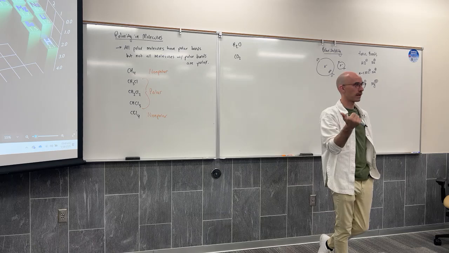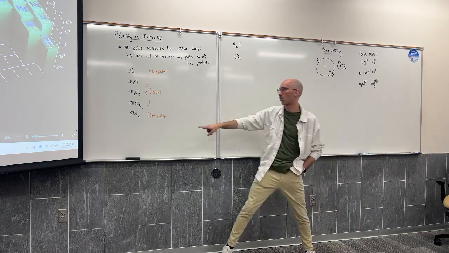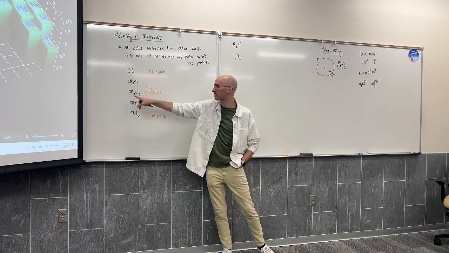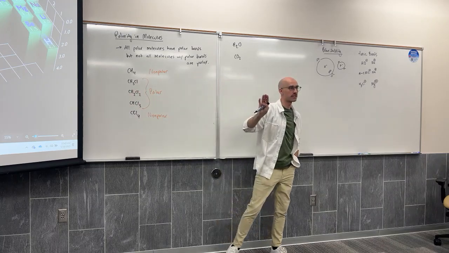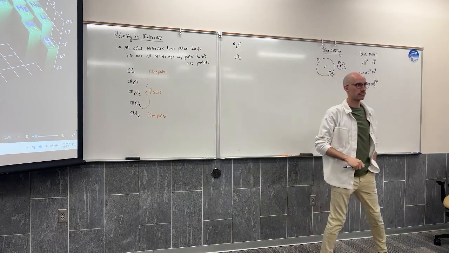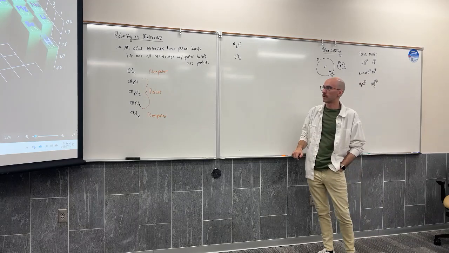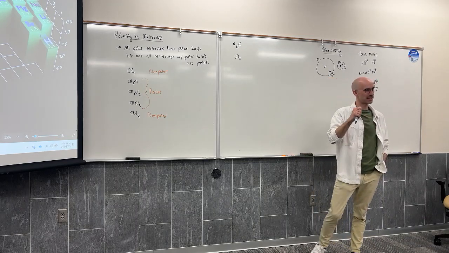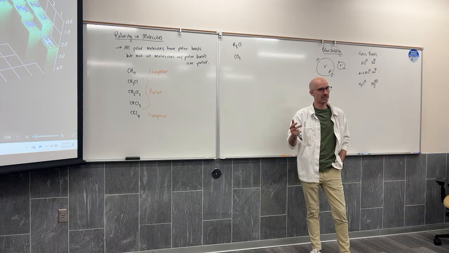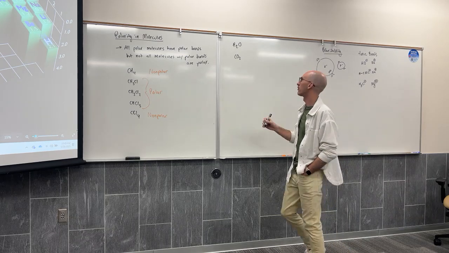If it has no lone pairs and all the bonds are the same, it's non-polar. That's what we've got in these two cases. No lone pairs on those carbons, all of the bonds are the same, non-polar. It works really well when we get heteroatoms as well. Heteroatoms like nitrogen and oxygen and the halogens almost always result in dipoles.